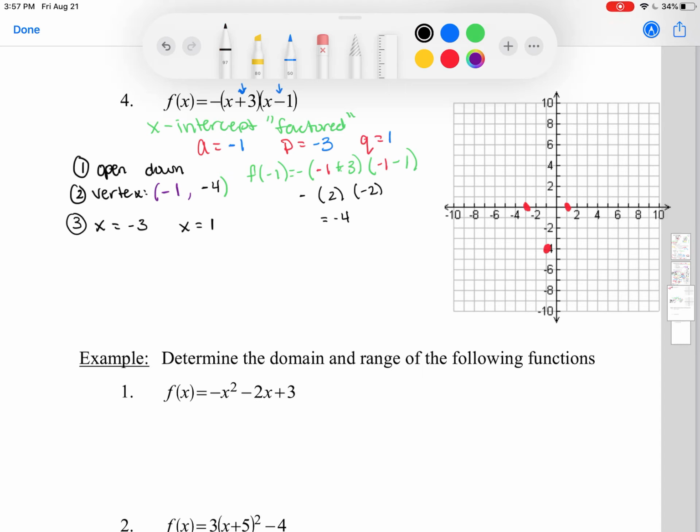And last but not least, step 4, looking into our y-intercept, we want to replace our x value again, not with a -1 like we just did, but with a 0 because we're talking about the y-intercept. So when I plug my x in for 0, let me write the correct function here.